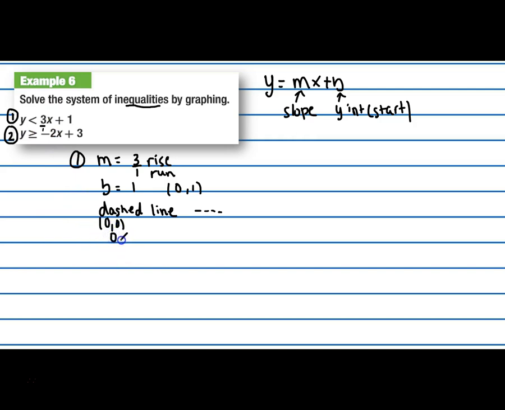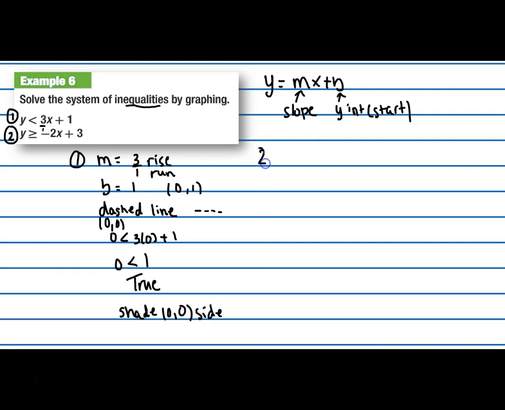So 0 is less than 3 times 0 plus 1. Well, that says 0 is less than 1. That is a true statement. And because of that, you're going to shade the 0, 0 side.